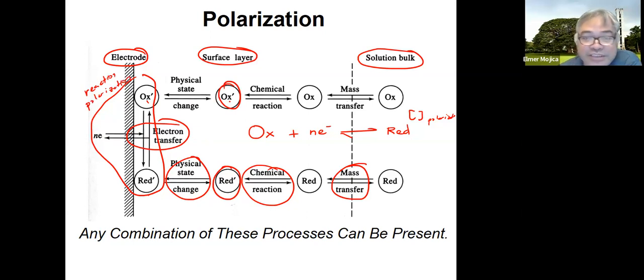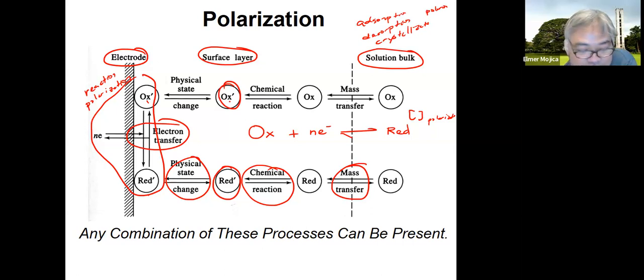Now, in some instances, the rate of the physical process, such as what? Absorption, desorption, what else? Crystallization. So if those things happen, they're just a type of what? Polarization.